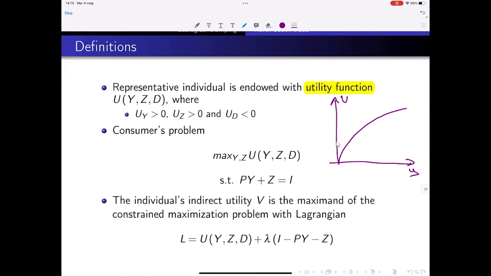This is your utility of Y, with Z0 and D0 kept constant. You keep Z and D constant, and you just increase Y, and this is how your utility increases. So utility increases in a concave way. You assume a positive marginal utility, but a decreasing one. I would have to add here that second derivatives are negative.